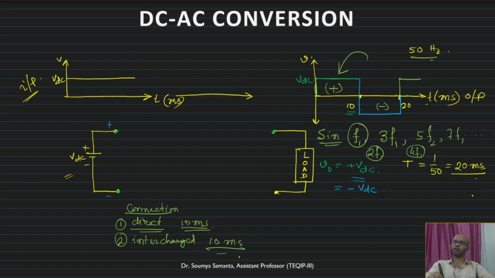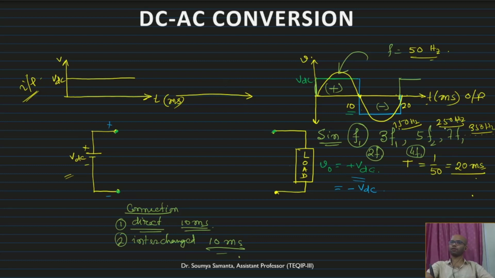So basically if f1 is the 50 Hz signal we want, we will get the sinusoid of 50 Hz. In addition, we will get sinusoids of 150 Hz, 250 Hz, 350 Hz, and so on.